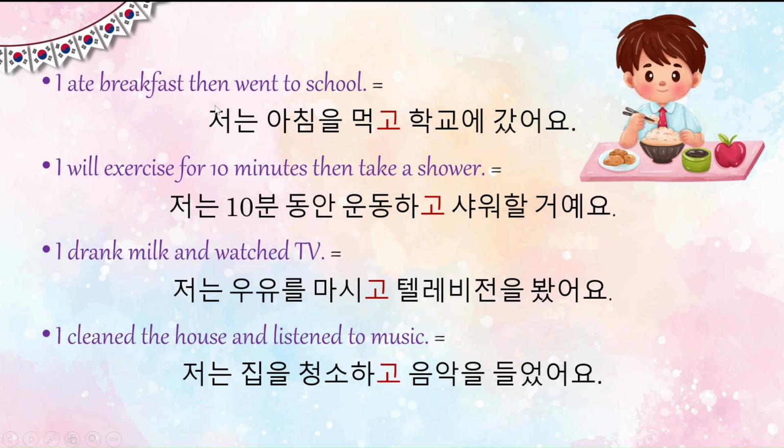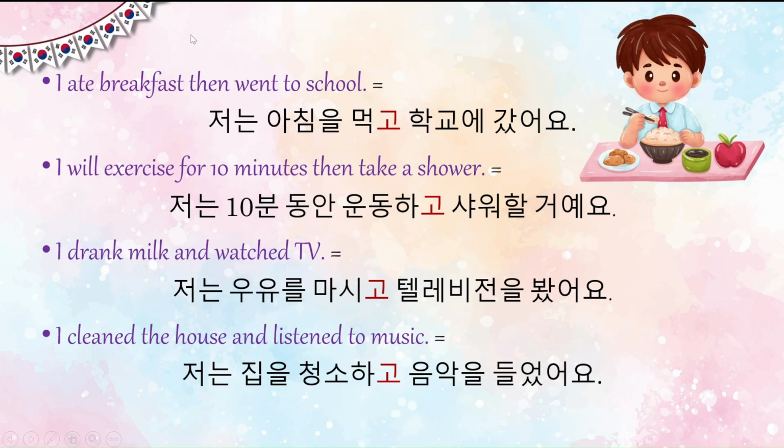I ate breakfast, then went to school. So basically, think of it this way, like there are two sentences. I ate breakfast, full stop. I went to school. Okay, now you have to connect these two sentences. You use the particle ko.